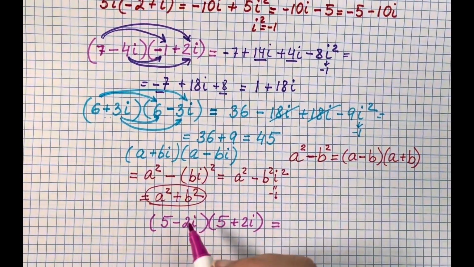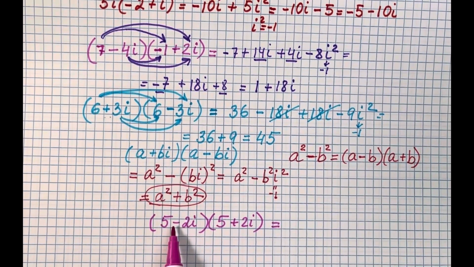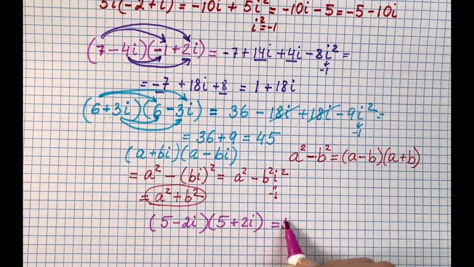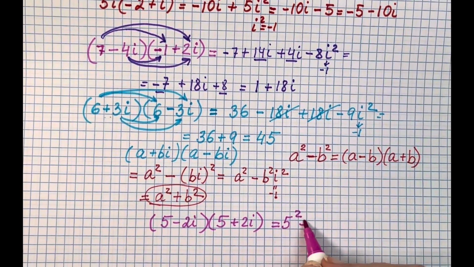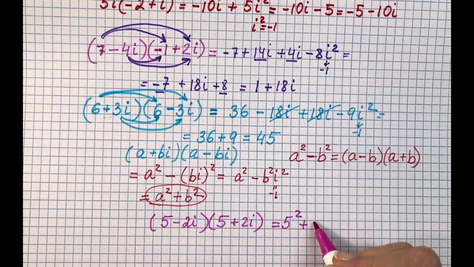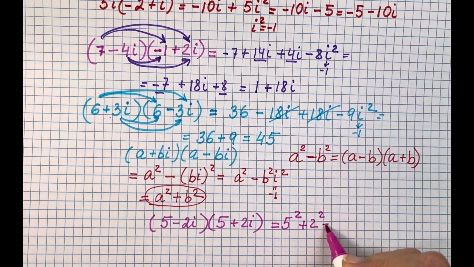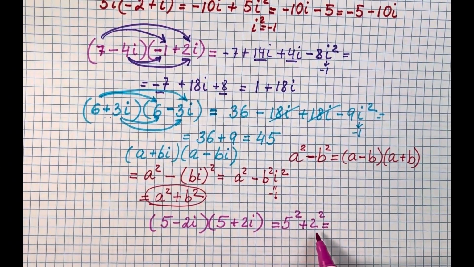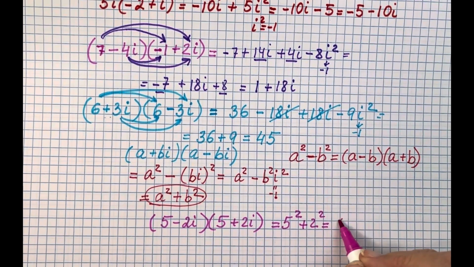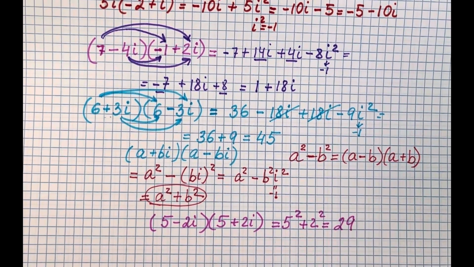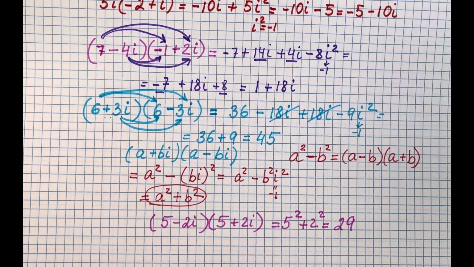So the result we have when we multiply two conjugates, we actually have a squared plus b squared. Our a is 5, the result would be 5 squared, plus b is 2, plus 2 squared. So we have 25 plus 4, the result is 29. You see, it's always a real number when you multiply conjugates.